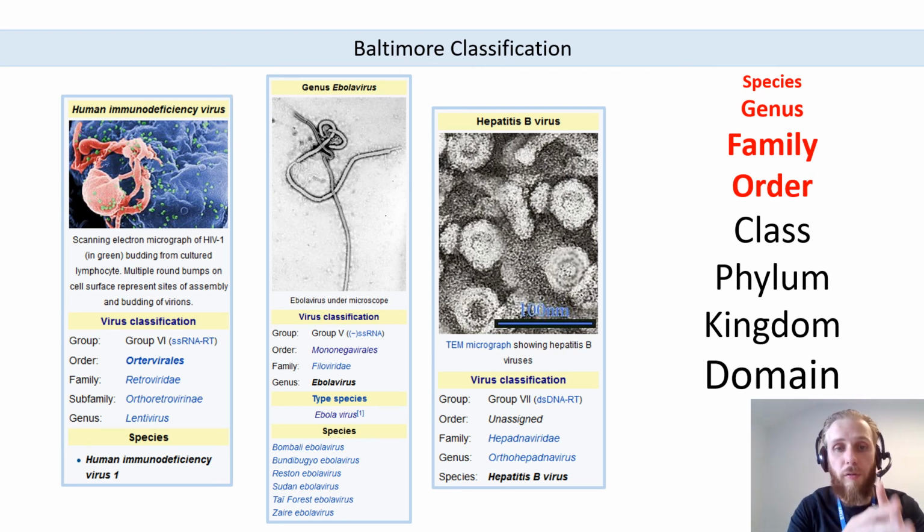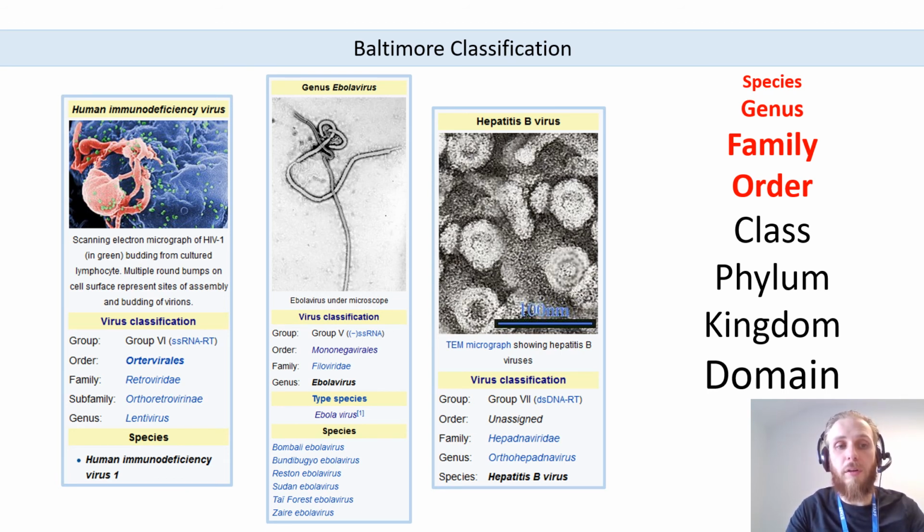Group on the left slide, so group being used to denote viruses, is actually in reference to the Baltimore classification system. So it is laid out a little bit confusingly on Wikipedia actually, which isn't great because it looks like group is the next level up from order in the phylogenetic classification system, but that's not the case. That's not the case at all.